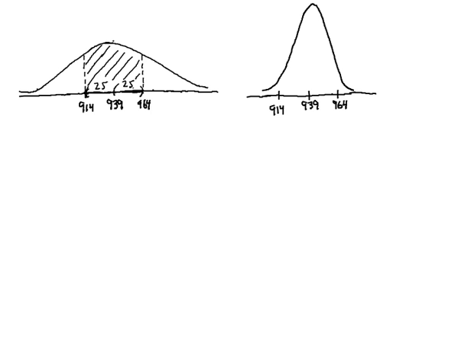Now, to do that, the first thing I need to do is to calculate the z-score. Let's say for the 964. So I'm going to take that value and subtract the mean, 939, divided by the standard error.